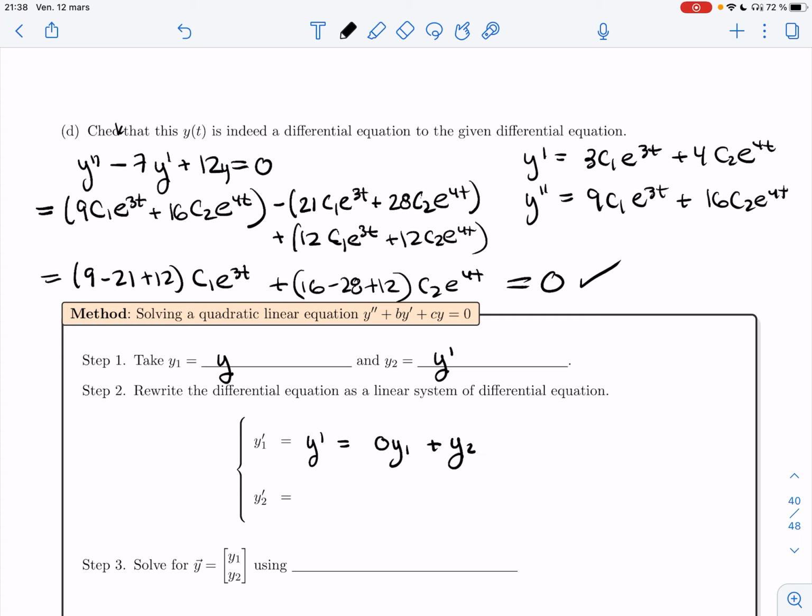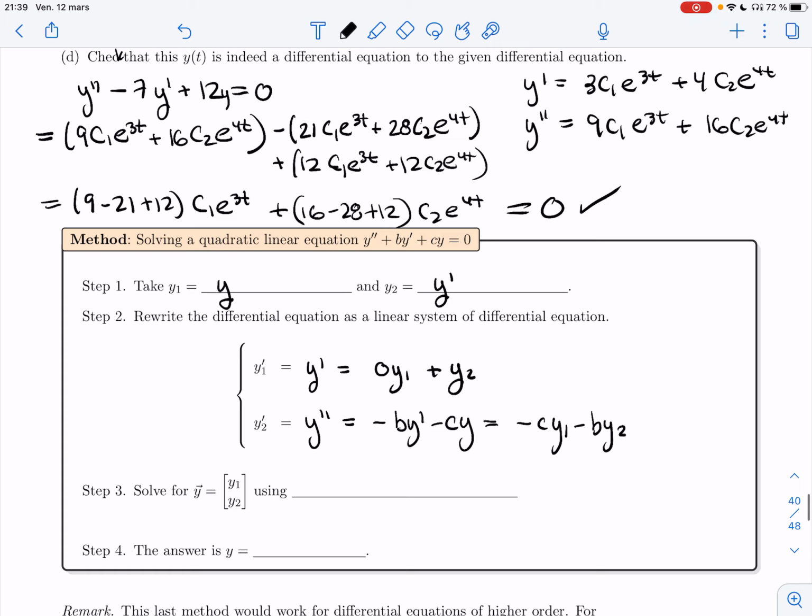That one will always be the same. Now the second one depends on the actual equation, so that's y double prime, and you solve for y double prime. In this case, that will be minus by prime minus cy, and so we get minus cy1 minus by2.